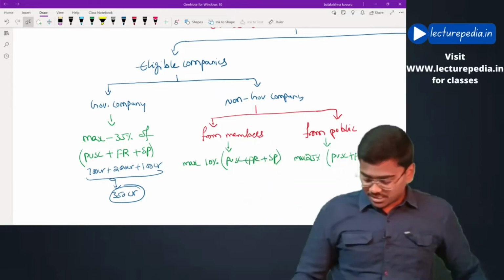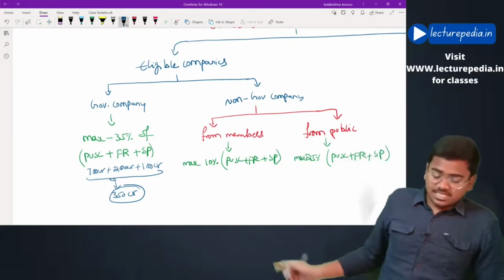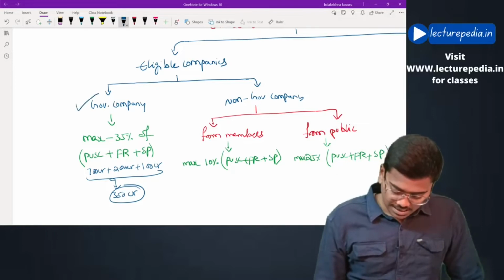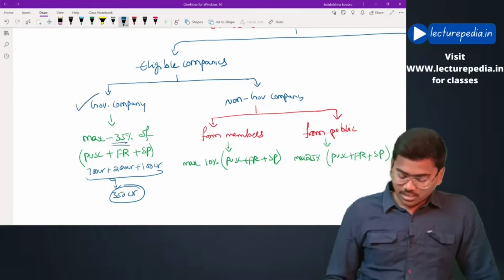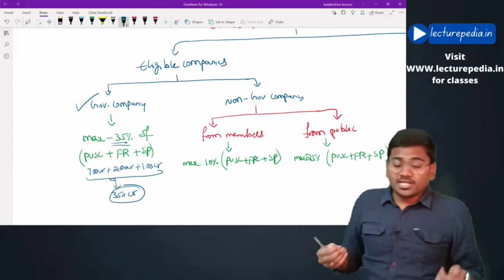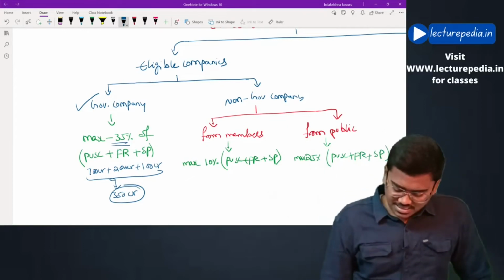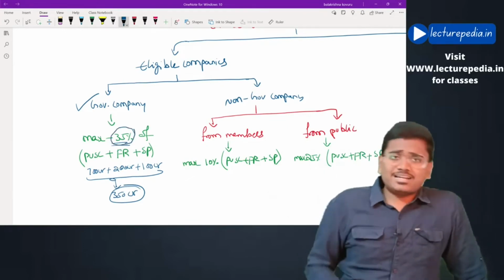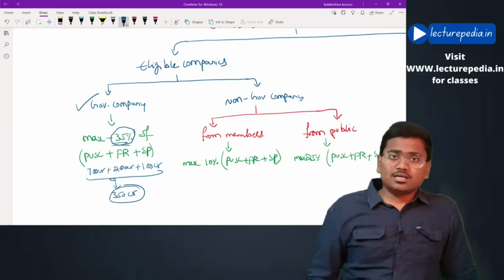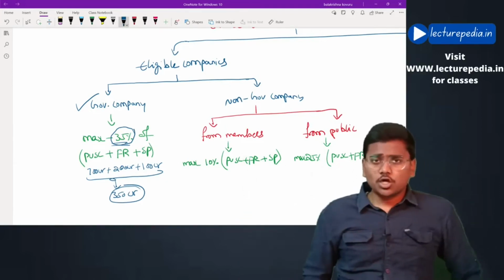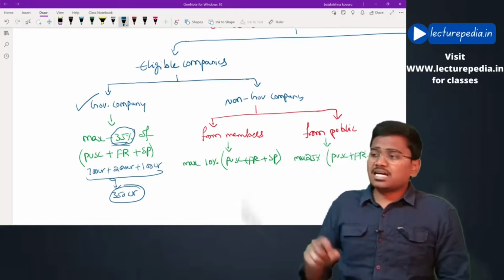Now if you observe here, in the first case, government company case, they have set 35%, and there is no separate limit for from members, from public. That means this 35% entirely can be accepted from public, or entirely can be accepted from members, or some portion can be accepted from members, some portion can be accepted from public.